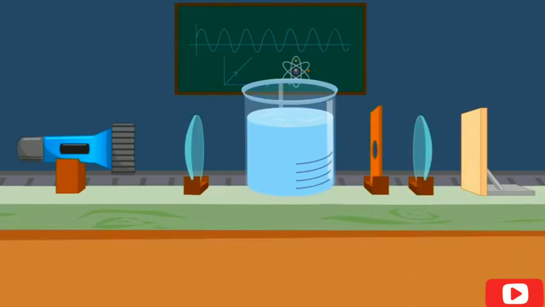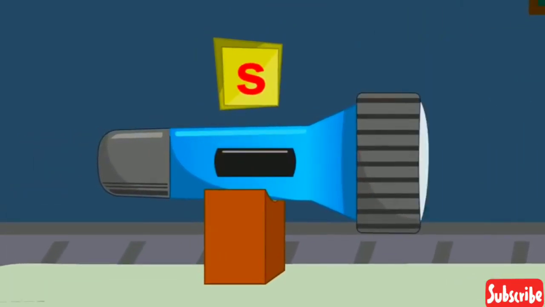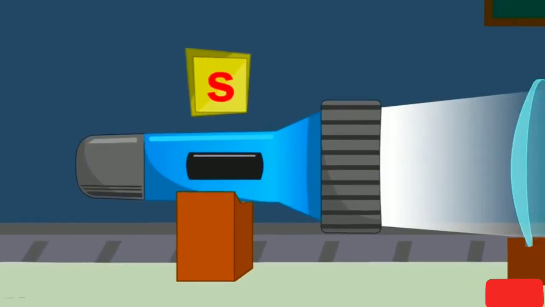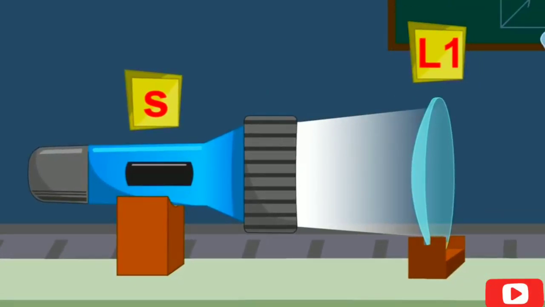Let us do an activity to observe the Tyndall effect. For this, place a strong source S of white light at the focus of a converging lens L1. This lens provides a parallel beam of light.